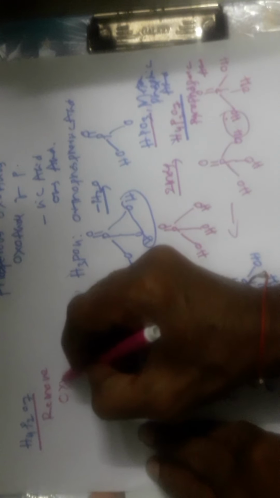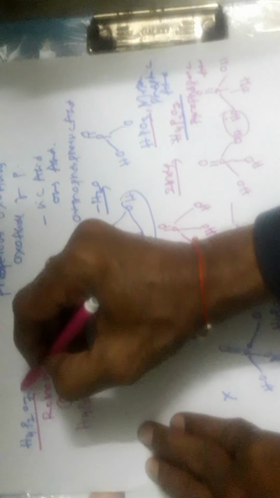H4P2O7, pyrophosphoric acid. Then what I am going to do? I want to remove an oxygen. What happened? Come on, please tell me. H4P2O6. H4P2O7 is what I am calling pyrophosphoric acid.